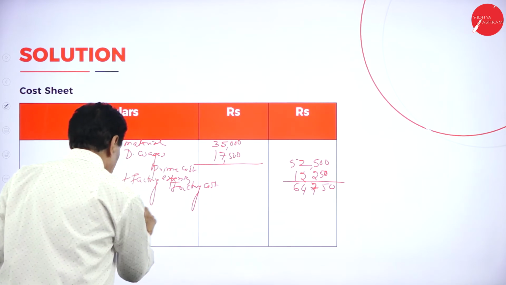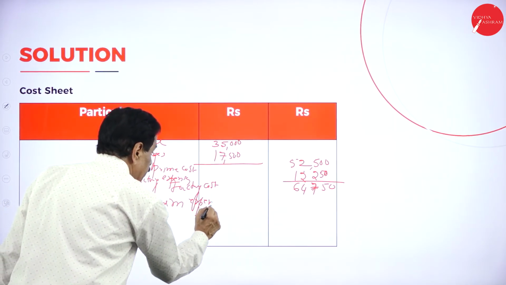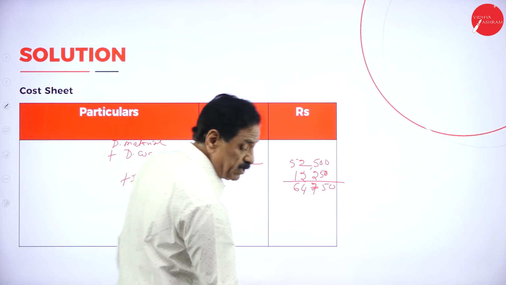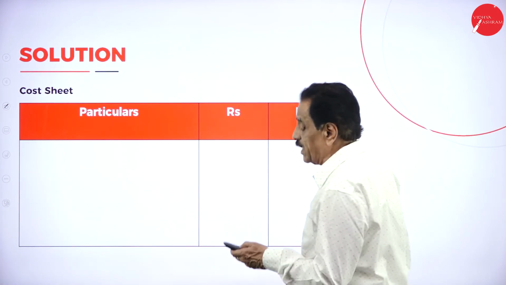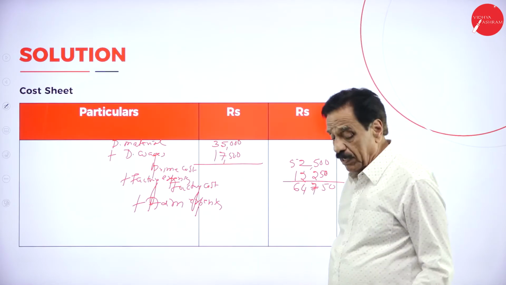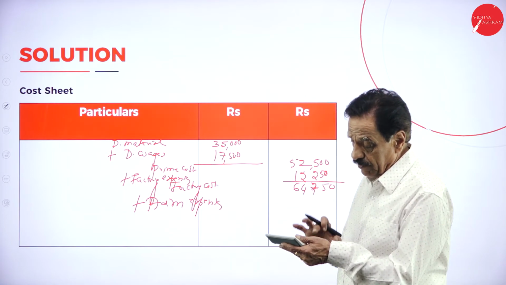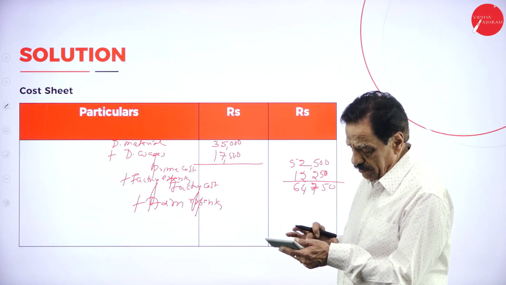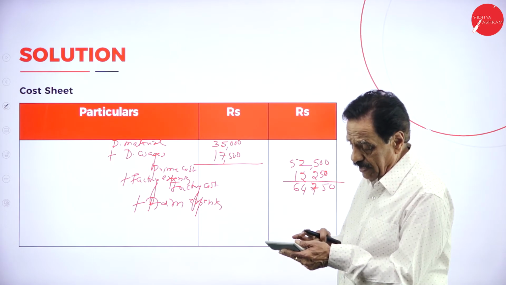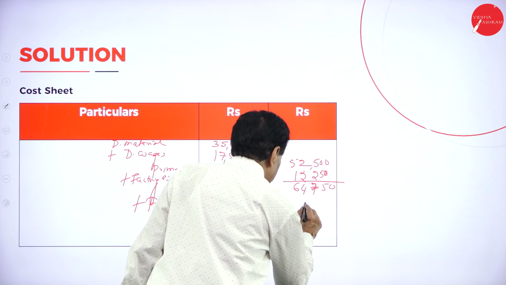Plus administration expenses. What's your administration expenses? They say 10% of prime cost. What's your prime cost? 52,500 into 10 divided by 100. 5,250.